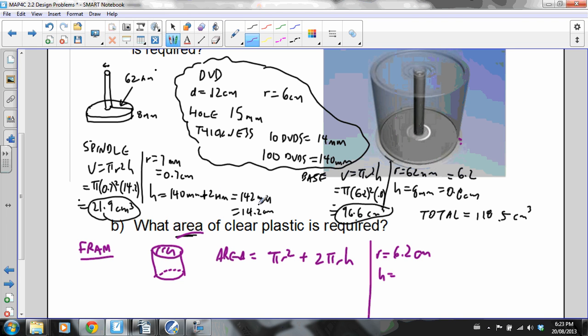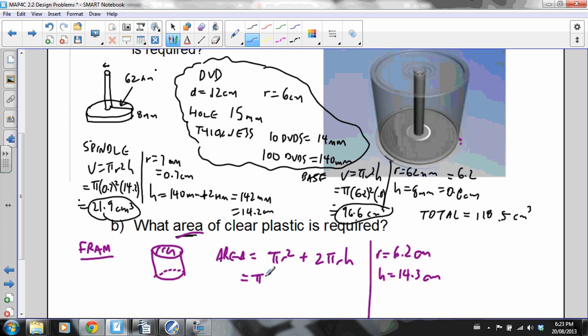And notice the height of the spindle was 142 millimeters, but if I made it exactly the same amount, it would kind of sit on the top and wouldn't quite make it down to the bottom. So I need the height of the clear plastic part to be a little bit more, maybe another millimeter or 2 millimeters more. I'm going to say 14.3 centimeters, and that way there should be a little bit of clearance up here and still reach the base.